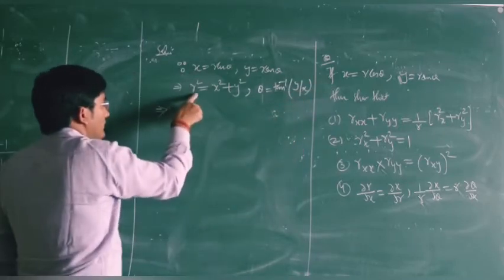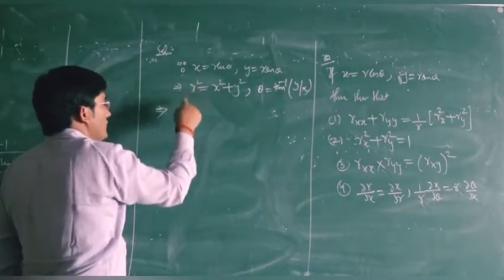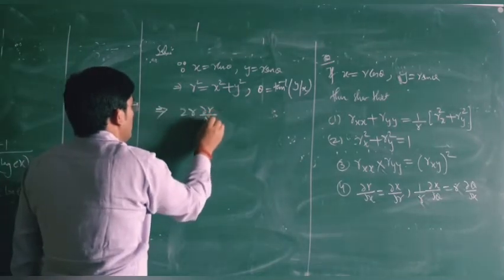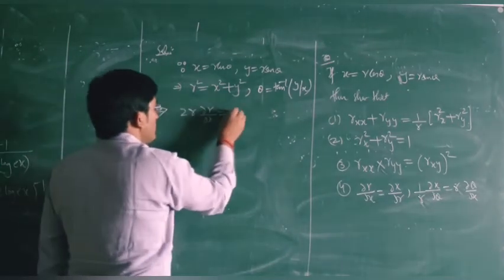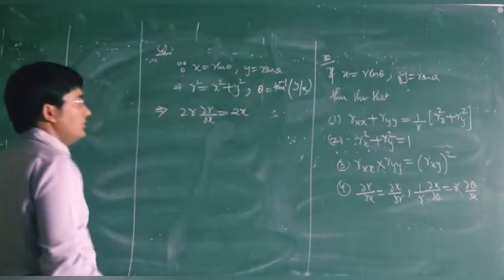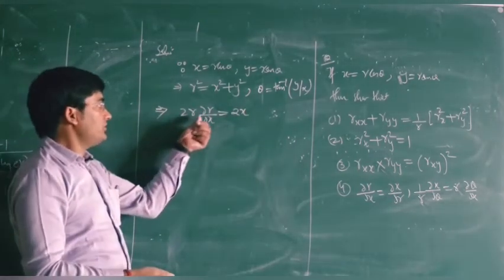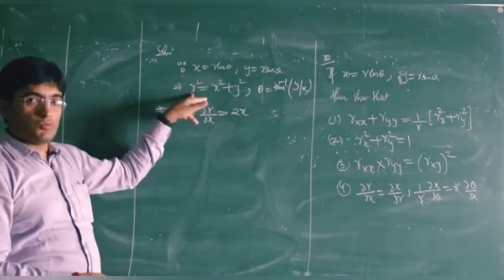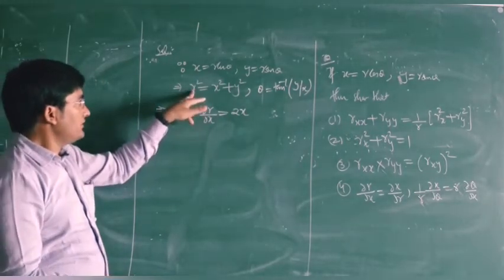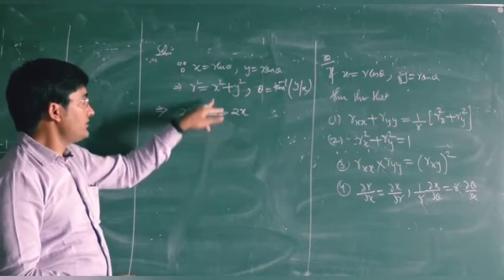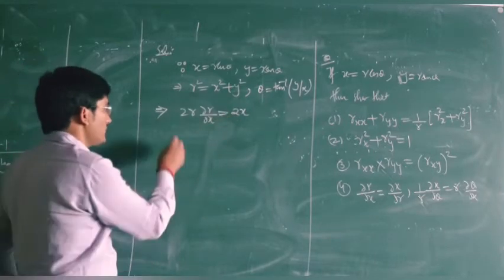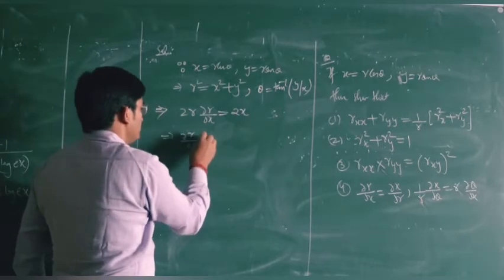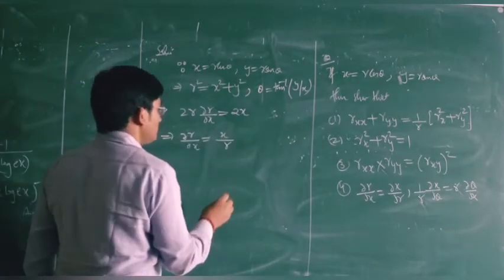So the partial differentiation of r square with respect to x will be 2 times r del r upon del x equal to 2x. Differentiation of r square is 2r, and then the differentiation of r will be del r upon del x, and the differentiation of x square is 2x. So your del r upon del x is equal to x upon r.